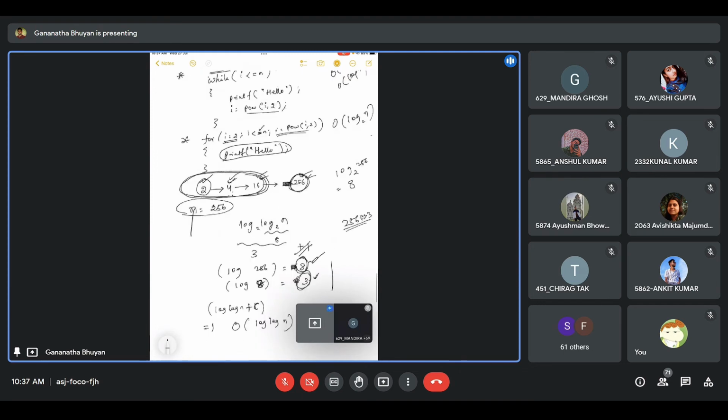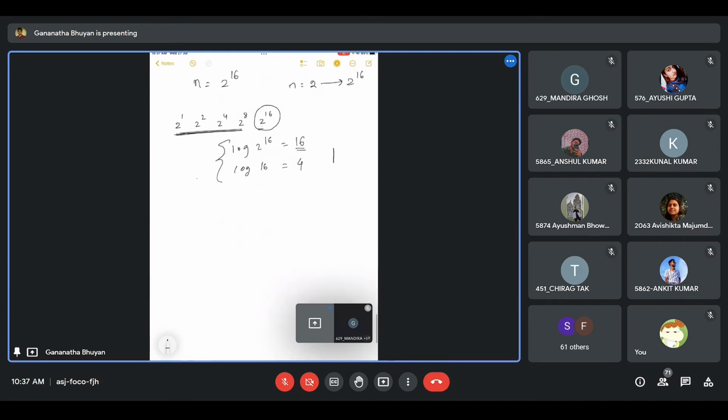In this particular code, for 2 to the power 1, the printf will be executed once. For 2 to the 2, once it will be executed. For 2 to the 4, once. For 2 to the 8, once. Then directly 2 to the 16, and the value is 512, which is in between, right? So again this will be executed this many times.